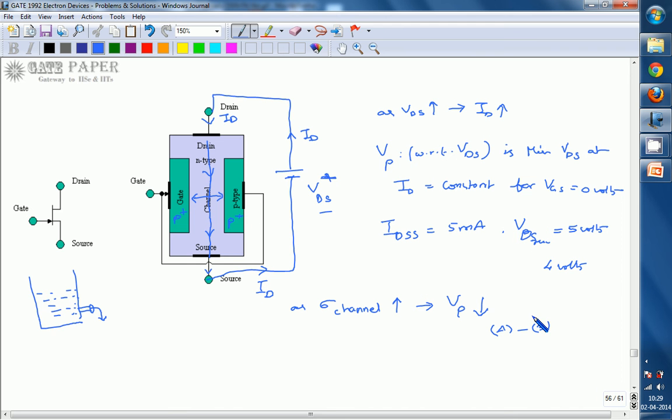transconductance increases. Transconductance is indicated with gm, whereas maximum transconductance is gm0, which is nothing but IDSS divided by VP. So here also it is the same thing: as the transconductance of the channel increases, VP reduces for the given IDSS, so gm0 is going to increase.